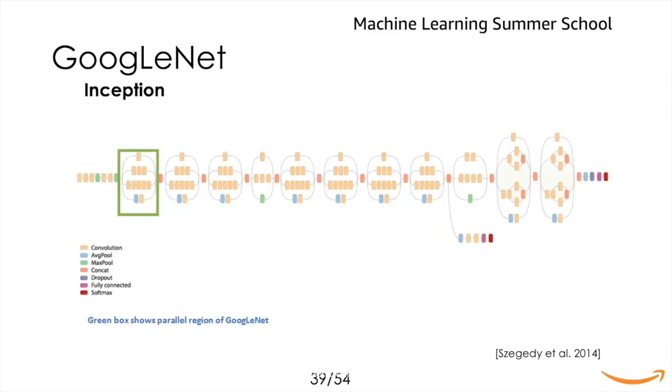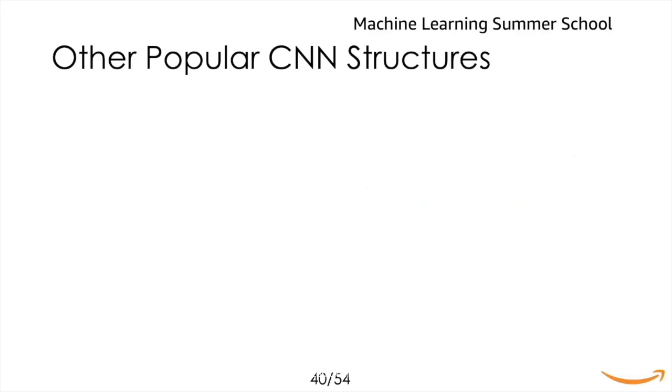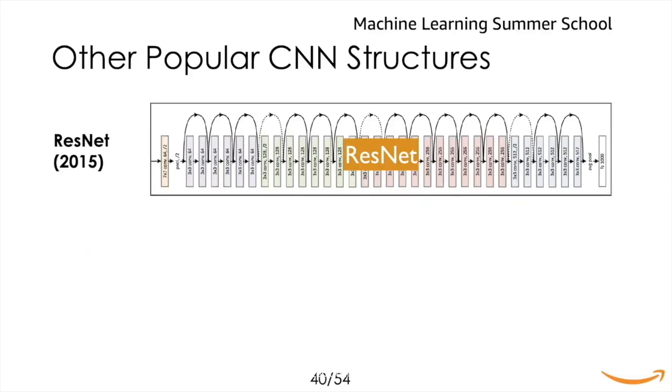So GoogleNet is composed largely of these inception modules along with some other layers, just like a simple CNN, to give the entire network. GoogleNet was able to get a good accuracy improvement over the previous year's ILSVRC. A couple of other popular CNN structures: ResNet.